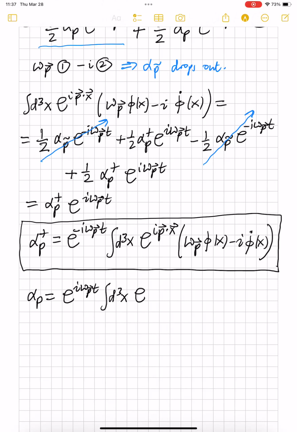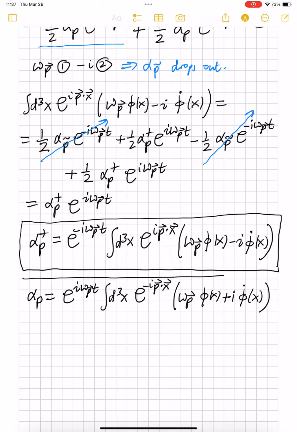The sign in the exponent will change to a minus i p dot x, and then omega p is real, so nothing happens to that. Phi dagger is equal to phi, so nothing happens to phi. The complex conjugation changes the minus i into a plus i, and then again phi is Hermitian, so phi dot stays the same. So there are our formulas for alpha dagger and alpha.